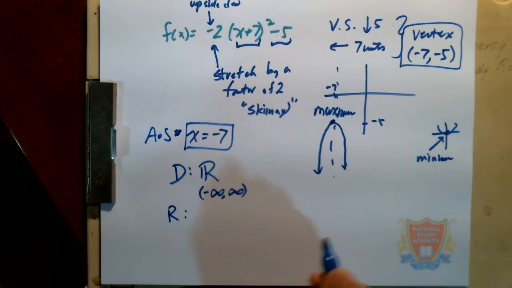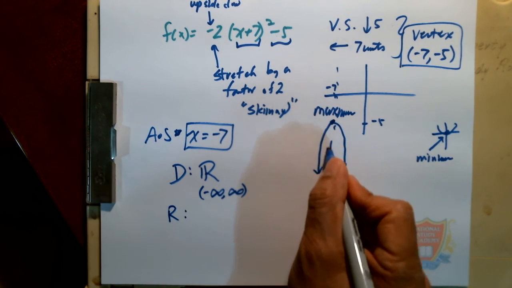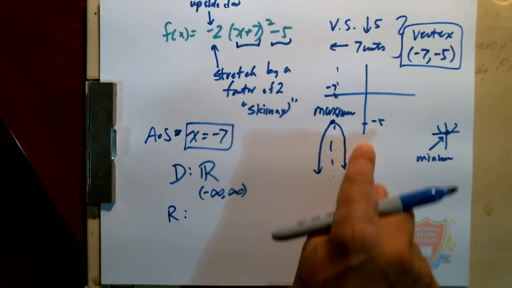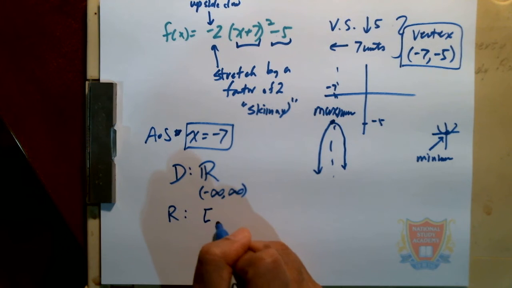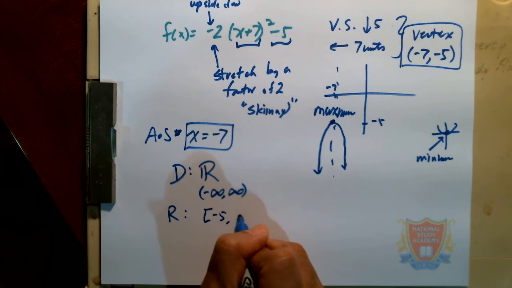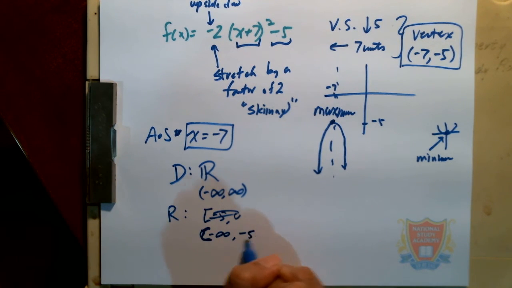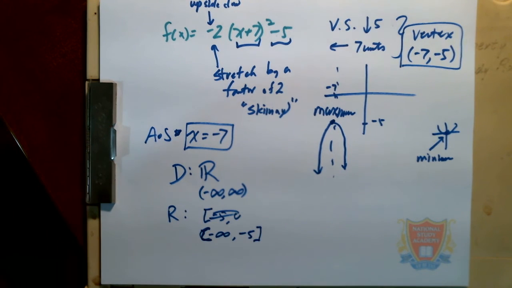Your range is going to be anything below negative 5 on your y value along the y-axis. So it's going to be, starting at negative infinity with the parentheses, to negative 5 with a bracket. You always start at the lowest point, to negative 5 inclusive. Does that make sense? Go over interval notation a little bit.